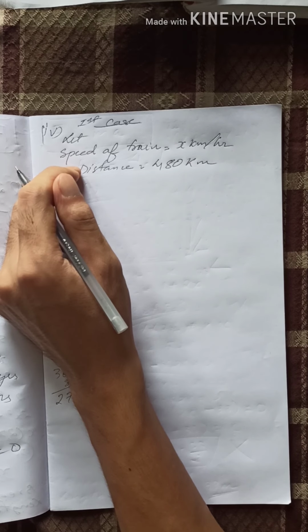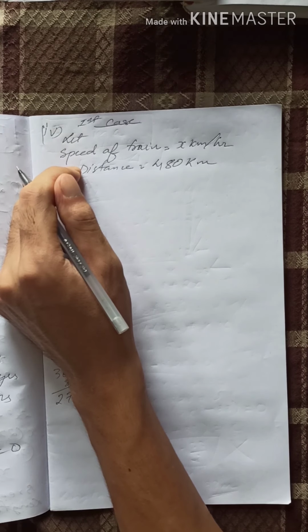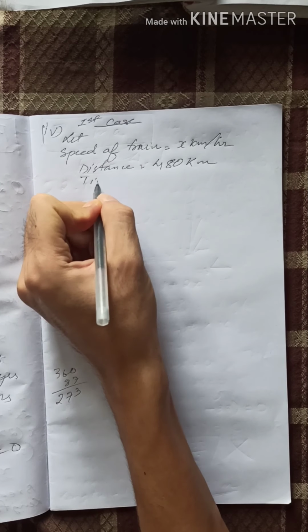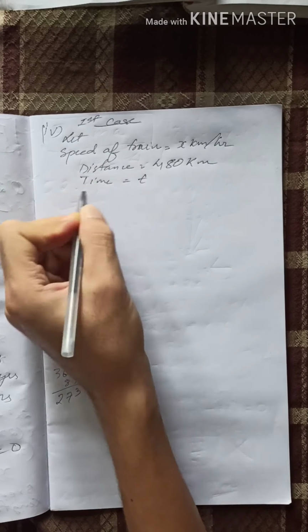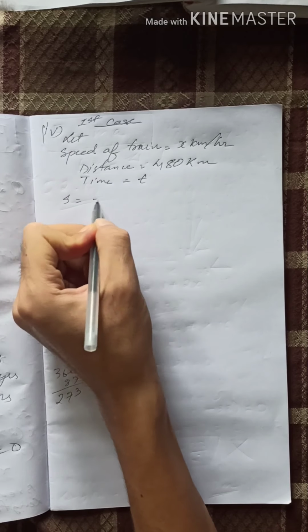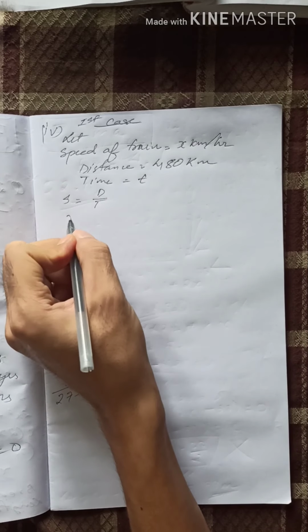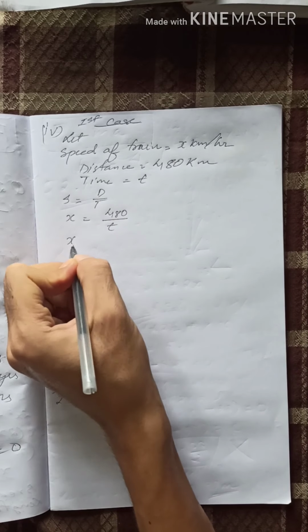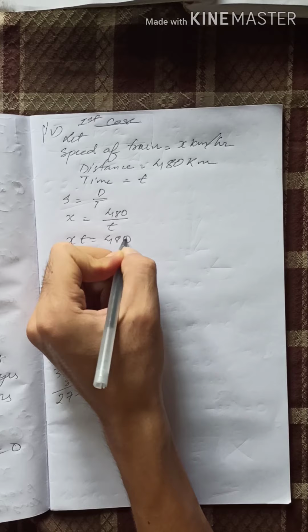Let the time be t. So x equals 480 by t, and here we get xt equals 480.